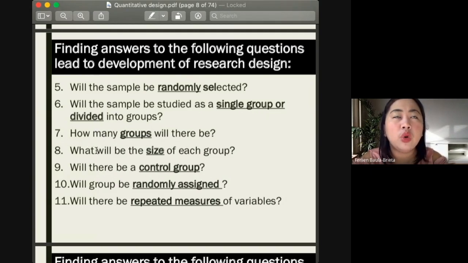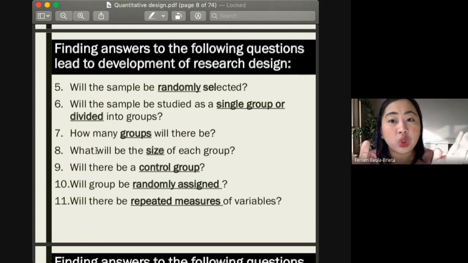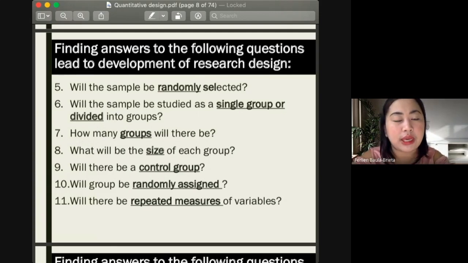Are you going to get a limited size or limited number of samples, which would be inclined more toward qualitative research design, or are you going to get the majority or bulk of the population, which leans towards quantitative research design?